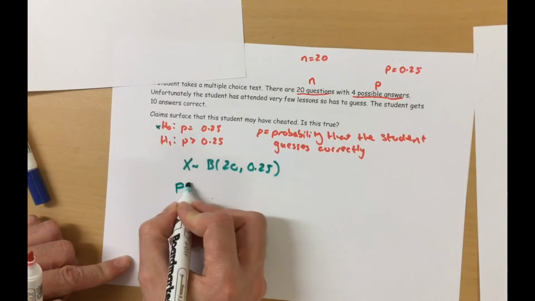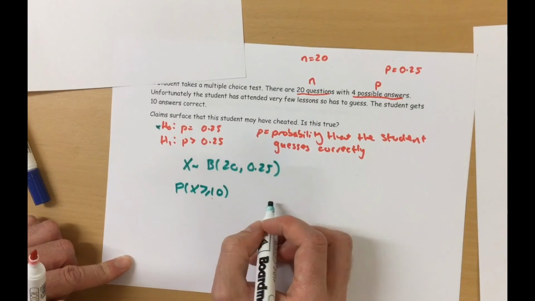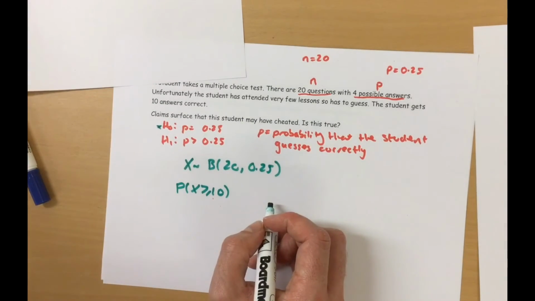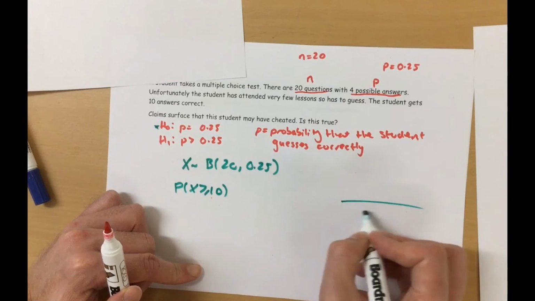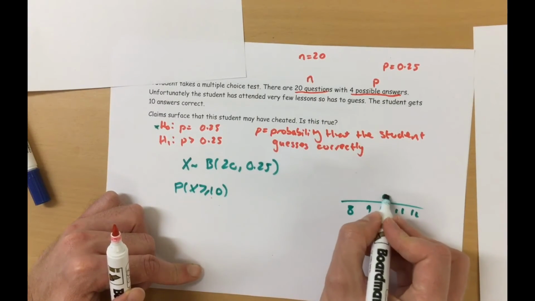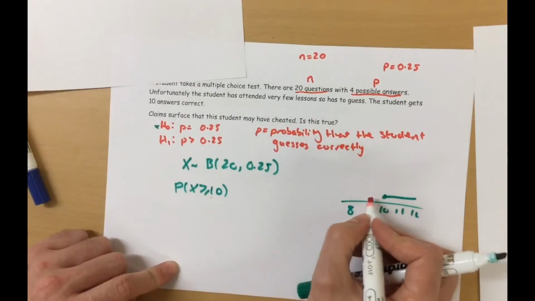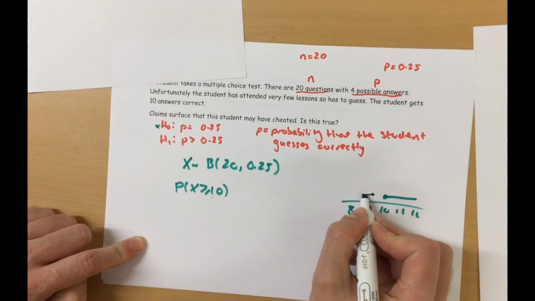So the probability that you could get 10 or more right without cheating. Remember with binomial, 10 or more is the same as 9 or less.